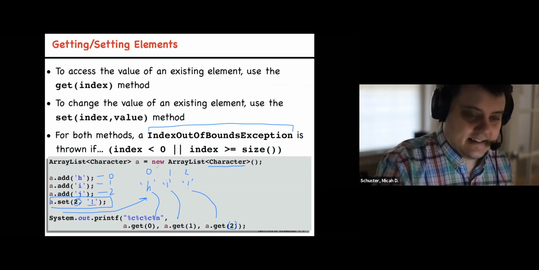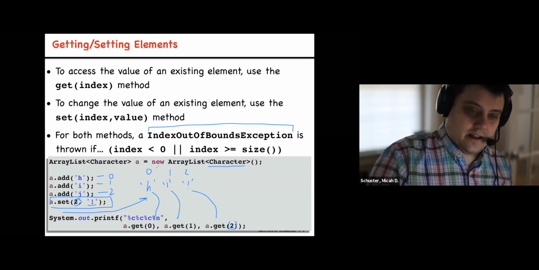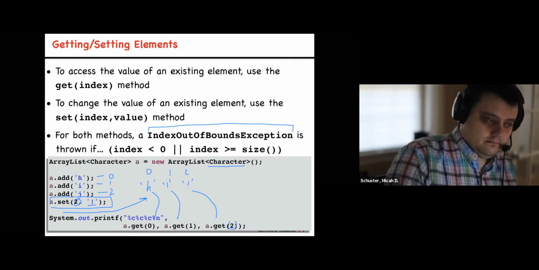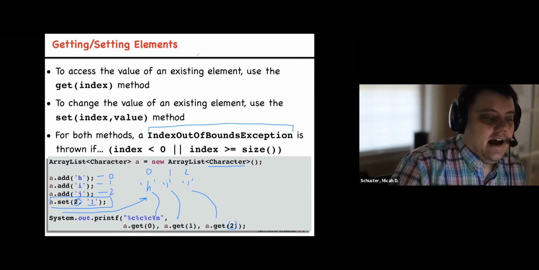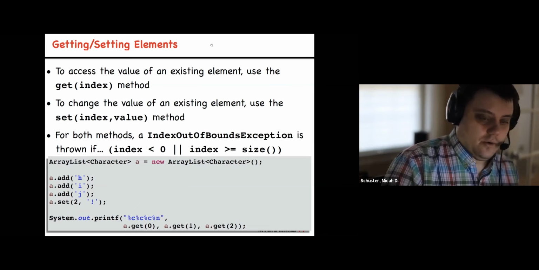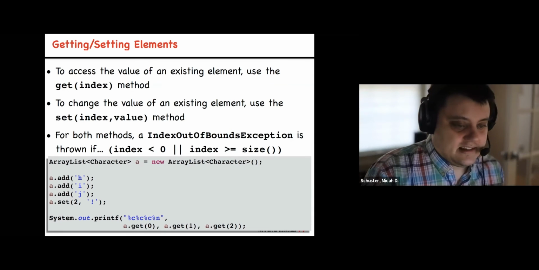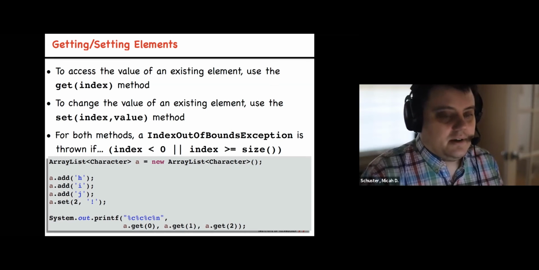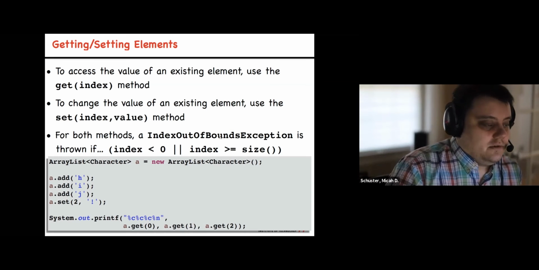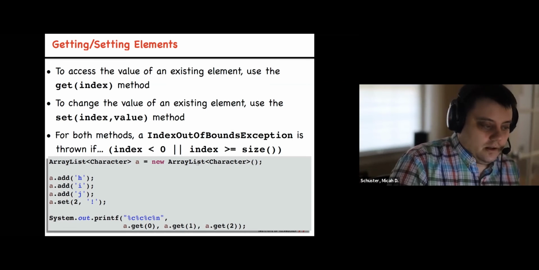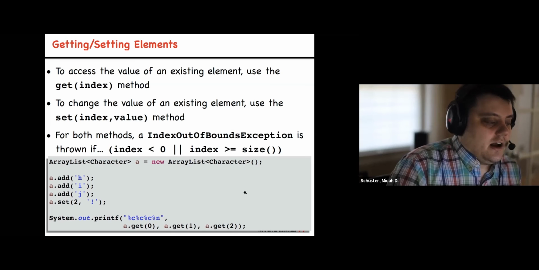So if your index is less than 0, or it's greater than or equal to the size, then you will get this index out of bounds exception. That's still the same sort of thing you would get with a regular array. This isn't going to protect you against using a wrong index. It will still give you that particular error.